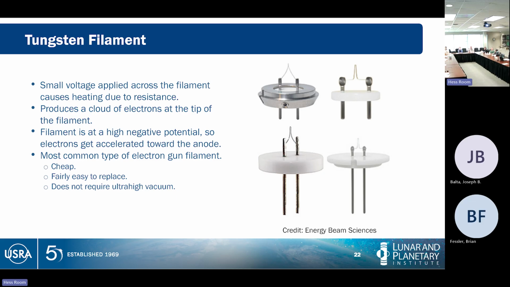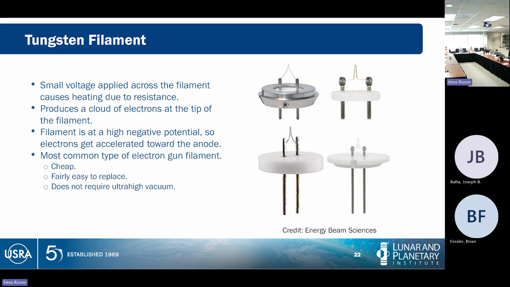You apply a voltage across this piece of wire. Because the wire is bent, there's some resistance to it. That causes heating. The heating of that wire, it's like a light bulb. It starts to glow. In this case, it's glowing by releasing a cloud of electrons.